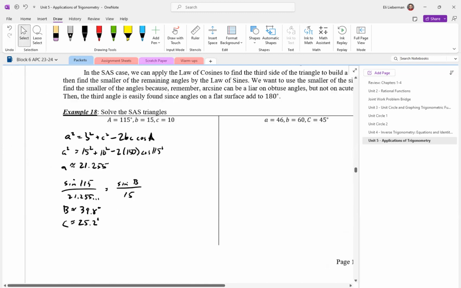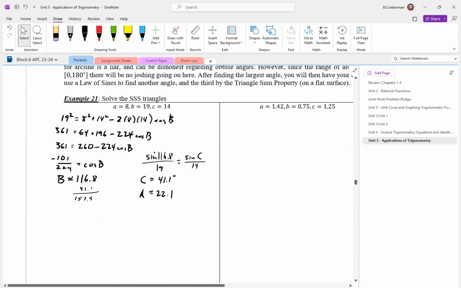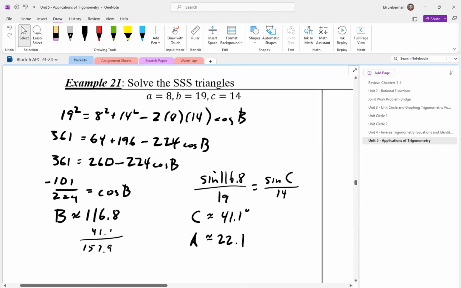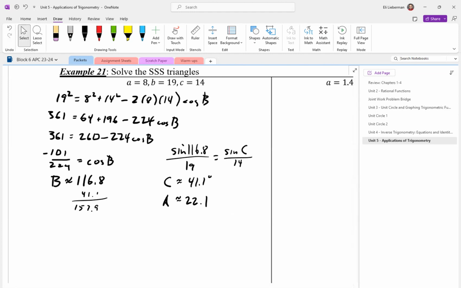Okay, I want to talk a little bit about mental math before I give you one last problem. 19 squared. Do you memorize what 19 squared is? You memorize it? Nice. Up to what?